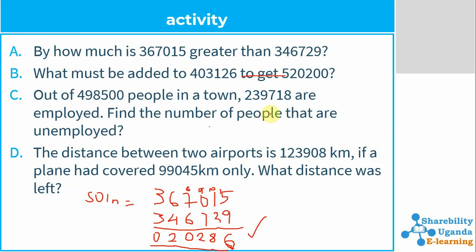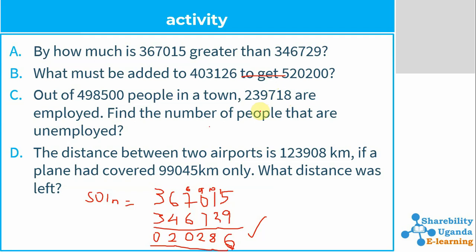So when you look here, you can see the number which was put here. They were saying out of 498,500 people in a town, 239,718 are employed.